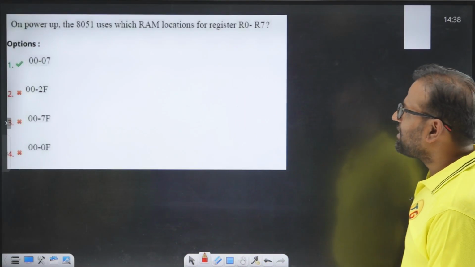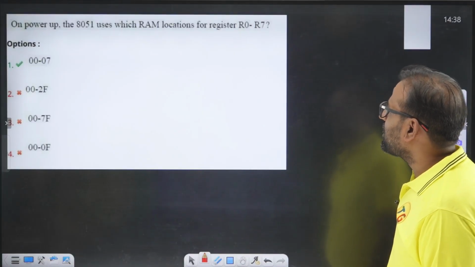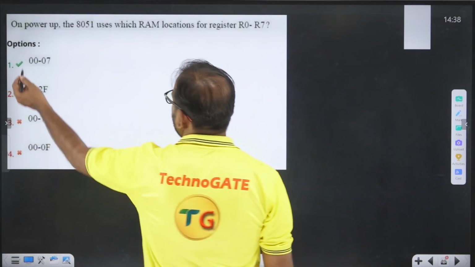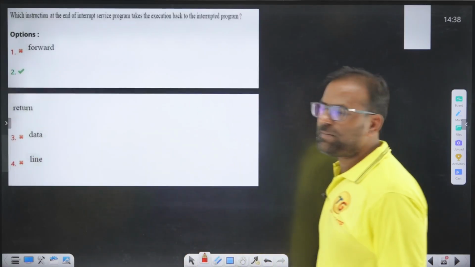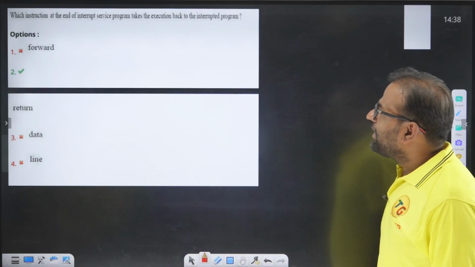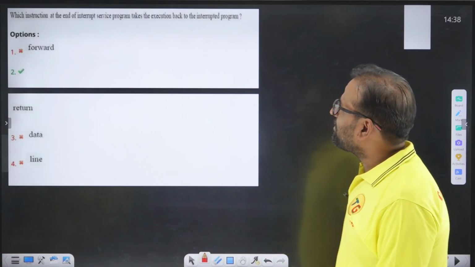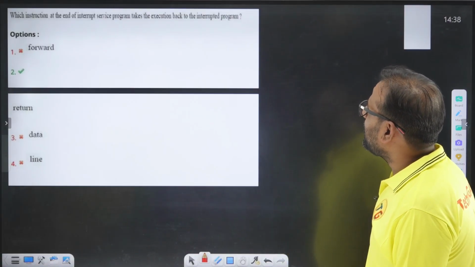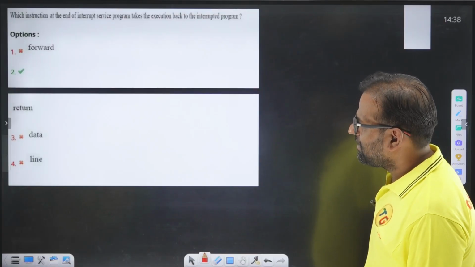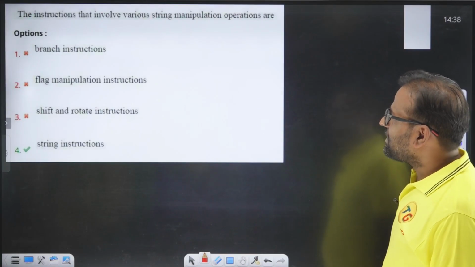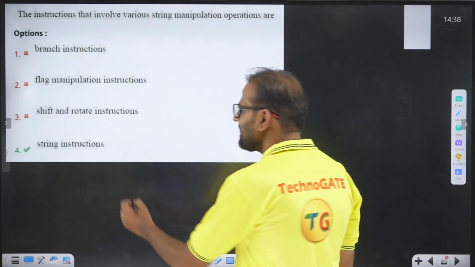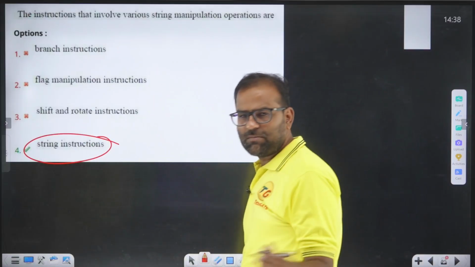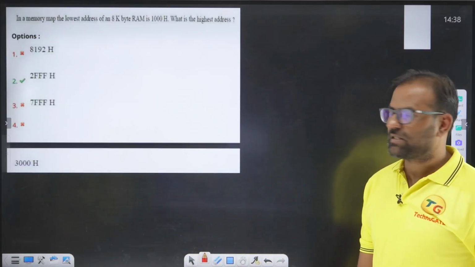On power up, 8051 uses which RAM location for R0 to R7? 00 to 07. These are based on theory. The instruction at the end of an interrupt service that takes the execution back to the interrupted program is the return instruction. Instructions that involve various string manipulation operations are known as string instructions. Very basic. This comes from the definition of string instruction.